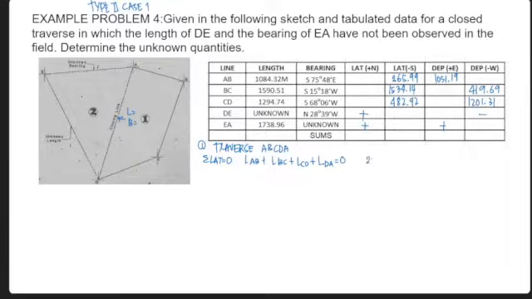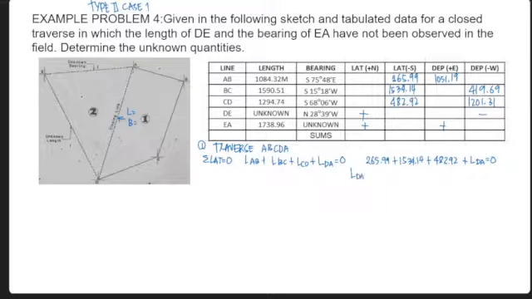Okay, so 265.99 plus 1534.14 plus 482.92 plus LDA or latitude ni DA is equals to 0.